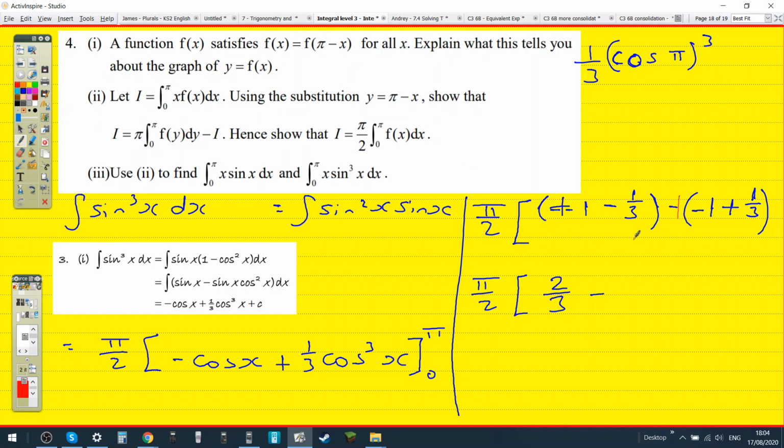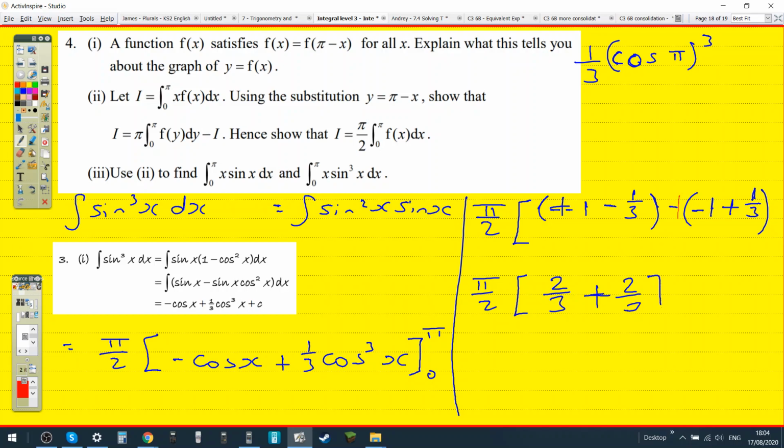Yeah. So what do you get? Plus -1 plus a third. So the second bracket would be -2/3. Yep. And then plus 2/3. So that would just be 4/3.